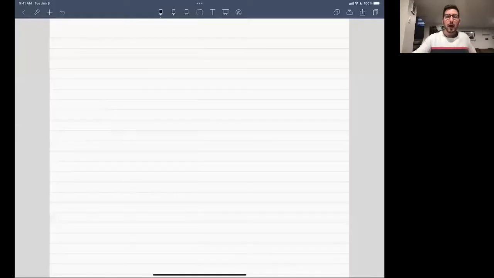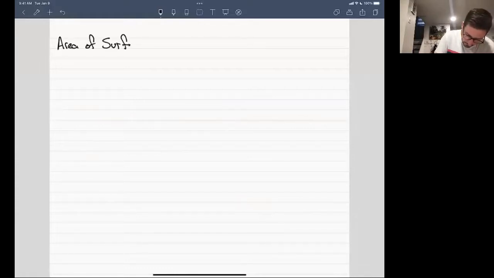So here's the basic idea. If we have an area or a surface of revolution in the plane, we would like to compute the surface area. So how do we compute that? Well, here I'll give you a formula, and then we'll talk about it. So area of surface of revolution in the plane.